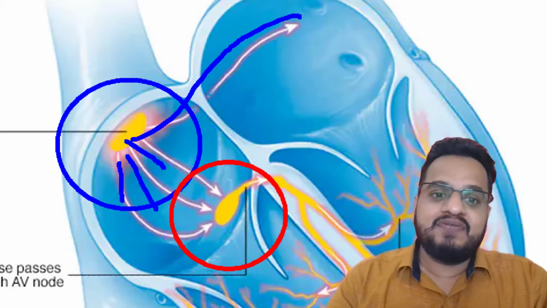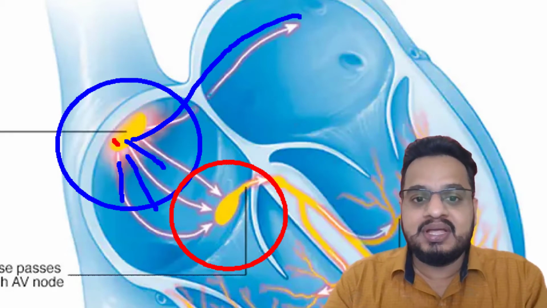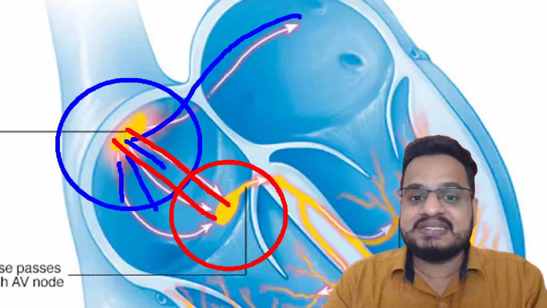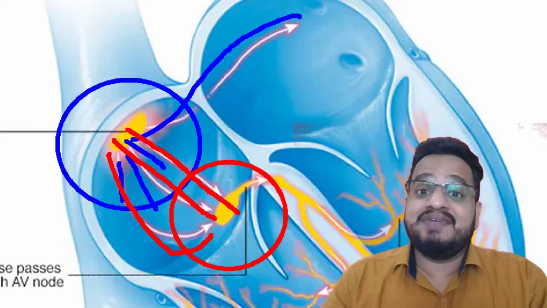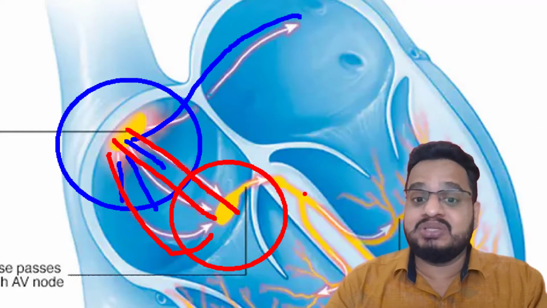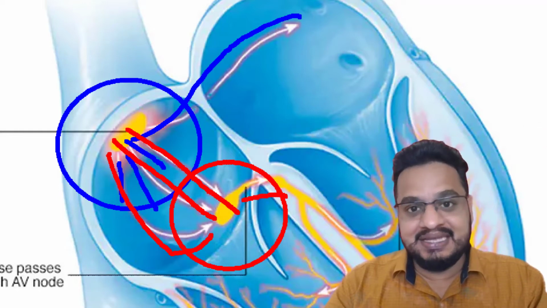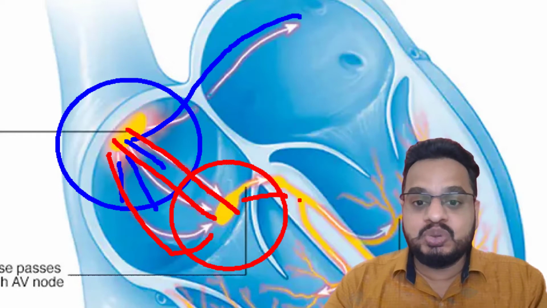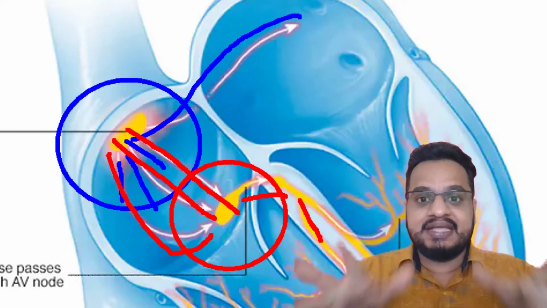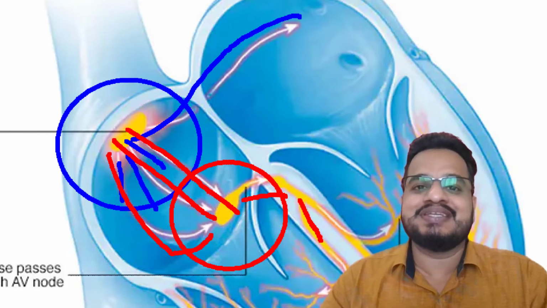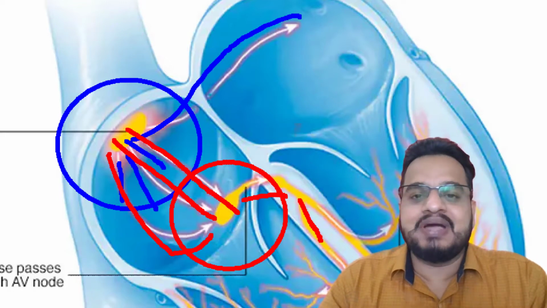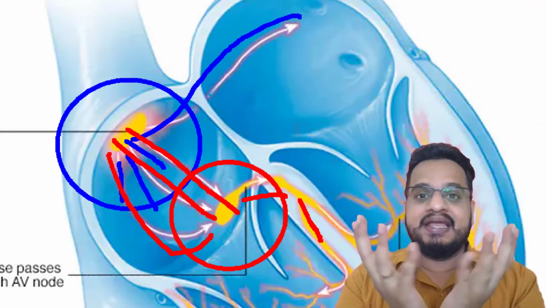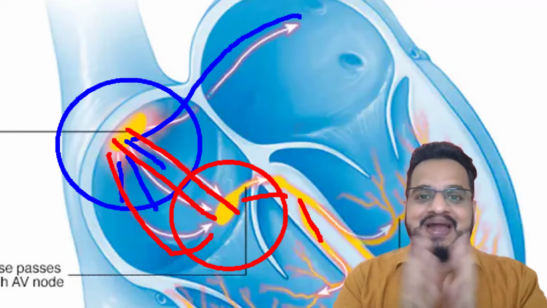From the SA node, the impulses come to the AV node, and the AV node will pass on the generated impulses through this yellow part with the tree-like, root-like structure. This is the bundle of His and Purkinje fibers. They are completely covering the ventricle part, right?